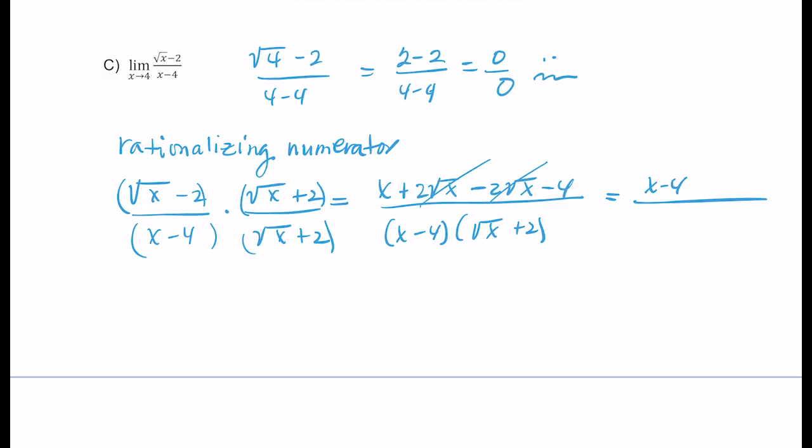And in the denominator, I'm just going to rewrite what I have there, which is just x minus 4 times the square root of x plus 2. And if you notice, the x minus 4s are going to cancel out.